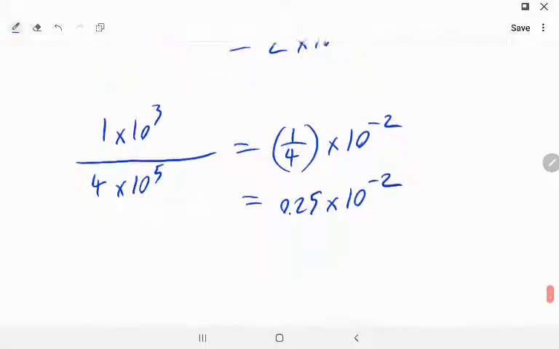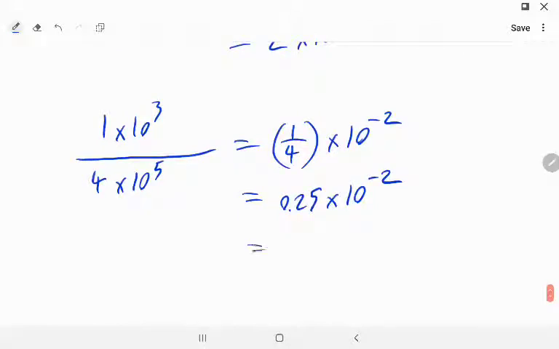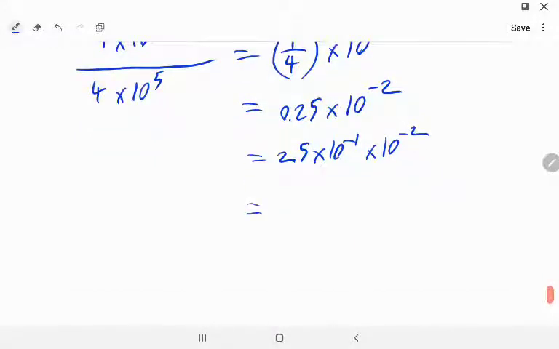And again, if we want that in standard form, we think of that as 2.5 times 10 to the negative 1 times 10 to the negative 2. And so that's going to be 2.5 times 10 to the negative 3. And again, if you're using a calculator, this winds up being a lot more straightforward. We don't have to think about it too hard.